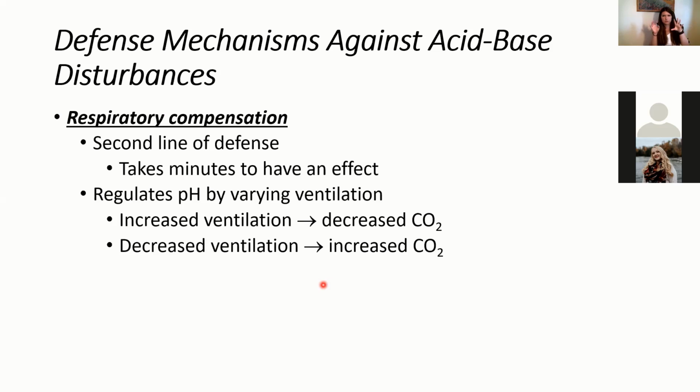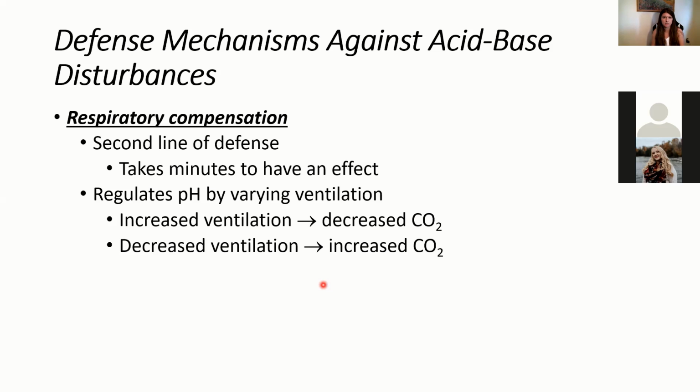So these are set in order basically of how quickly they can adjust the pH. Using a buffer in the plasma or inside our cells is going to happen really quickly because it's just a chemical reaction. If we're trying to adjust our respiration or adjust our renal function, those are going to be slower.